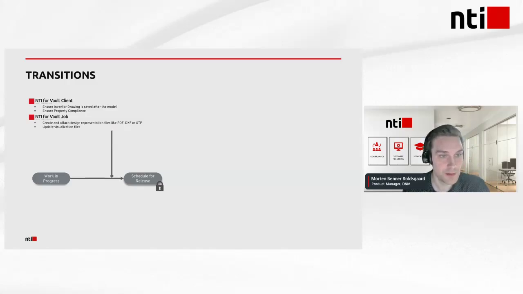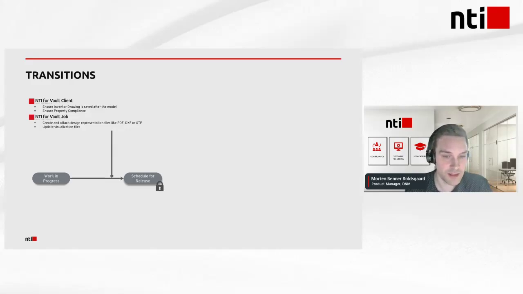And an example of that could be that we want to create and also attach the representation files, such as the PDF, DXF, STEP files, so we don't have to do that manually before we try and go to the next workflow state. So here we want to make the job processor create the files and attach them to an item. And we also want to update the visualization files.